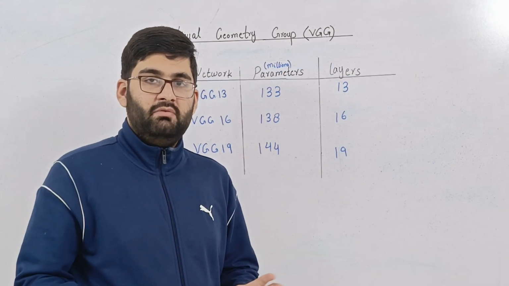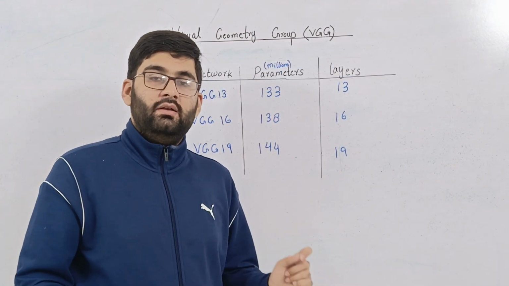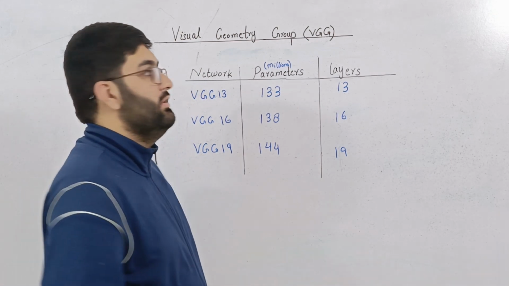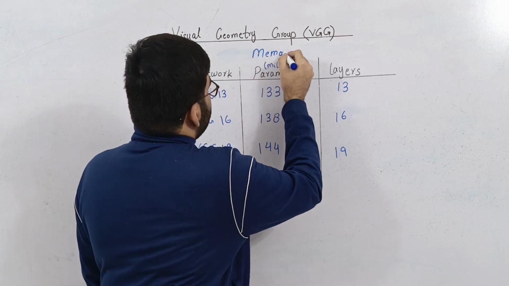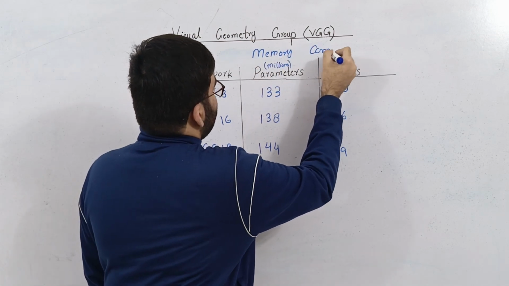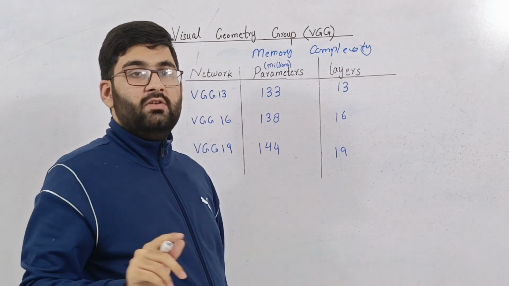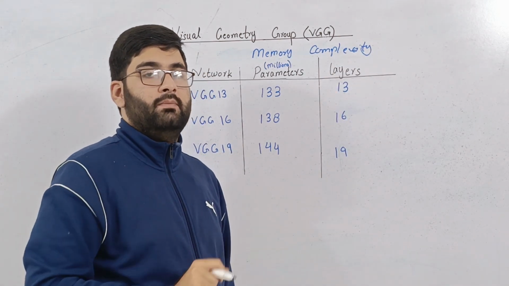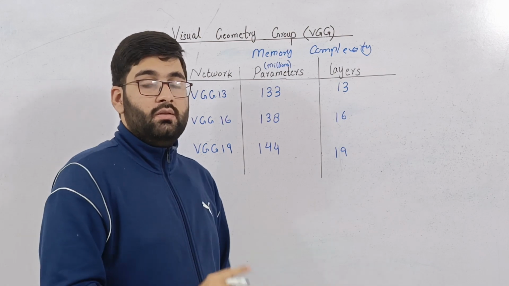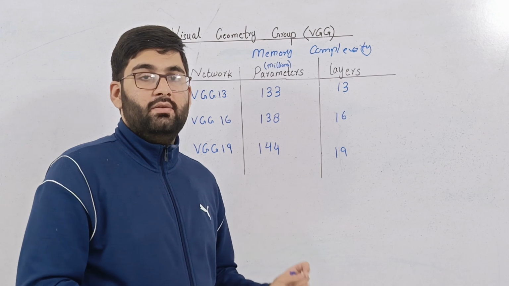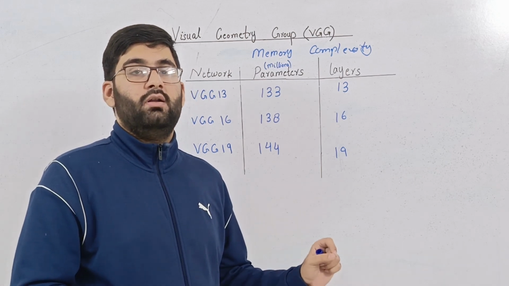One important parameter when we are selecting a model in deep learning for a task is to check the memory complexity of the model. The memory complexity of the model refers to the space taken by that model in memory. It depends on the number of parameters that the model learns, the number of weights of the model.